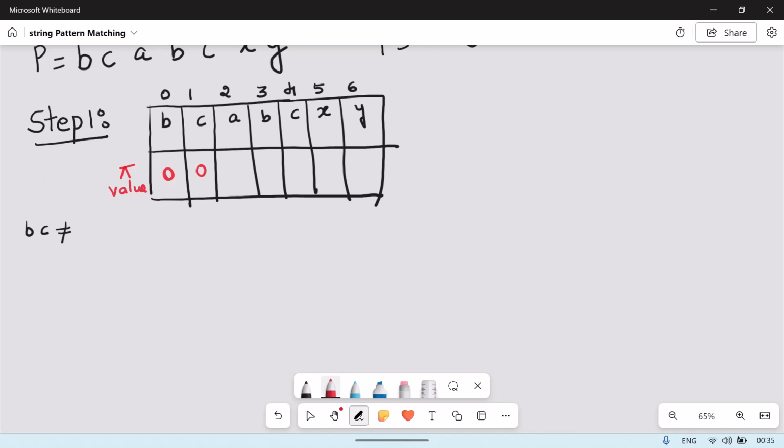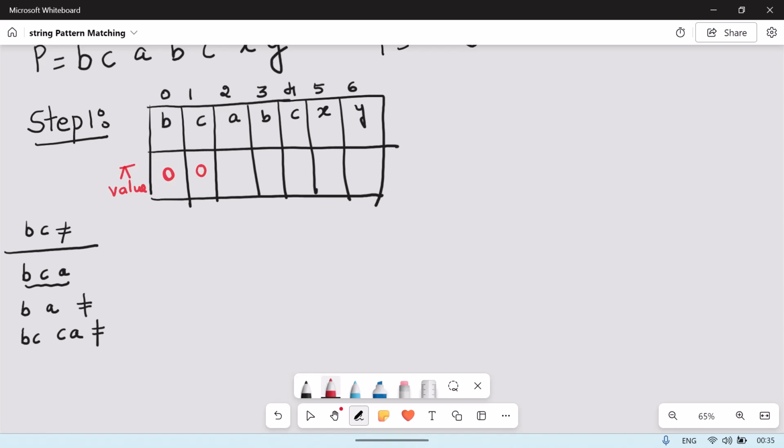Next is B, C and A. These 3 characters. Now one character from the left and one character from the right can be compared. So B and A is one possibility, and the other one is B and C, C and A. Is there any match? This is also a mismatch. This is also a mismatch.